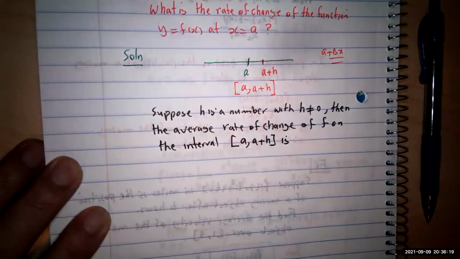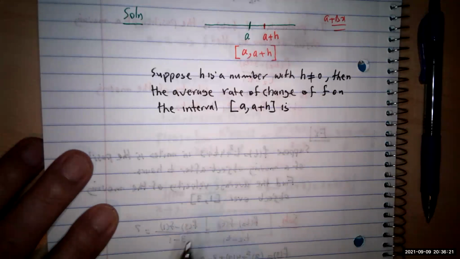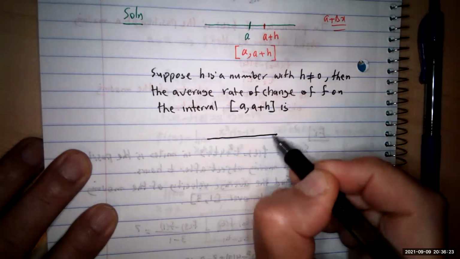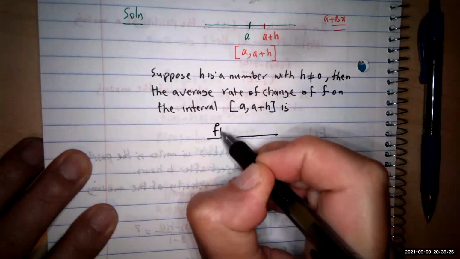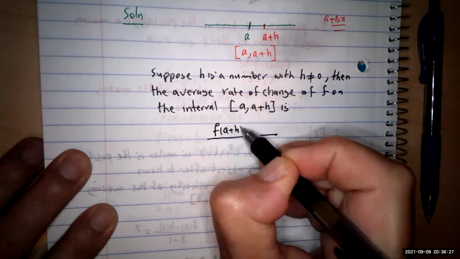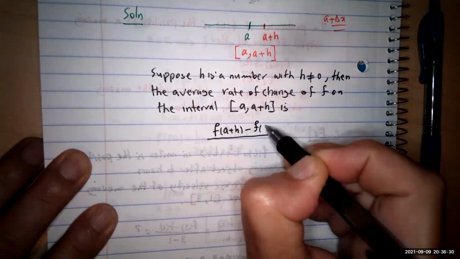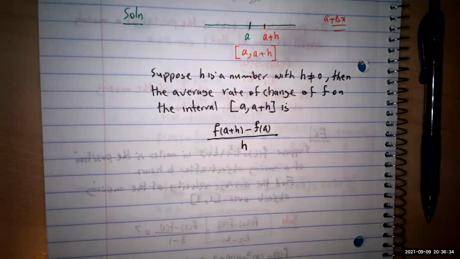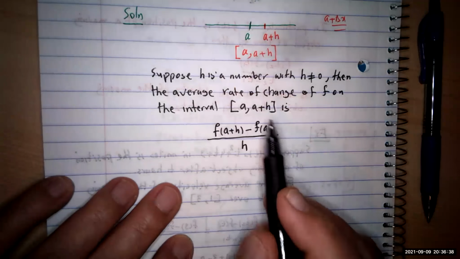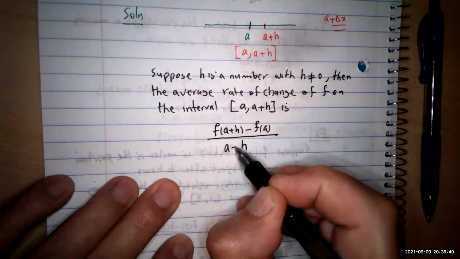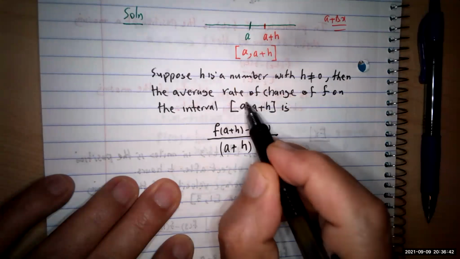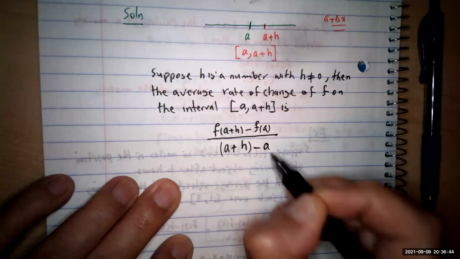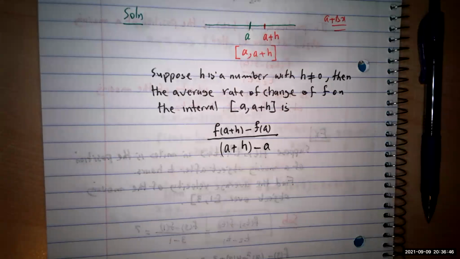is, remember, f of x2 minus f of x1, divided by the difference between these, a plus h, that's the x2, minus x1, which is a. That's f of x2 minus f of x1 over x2 minus x1.